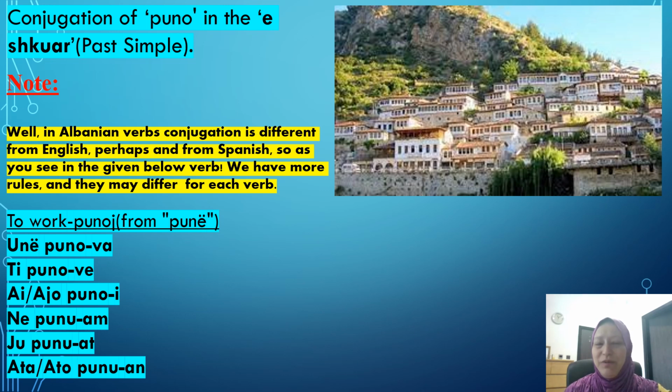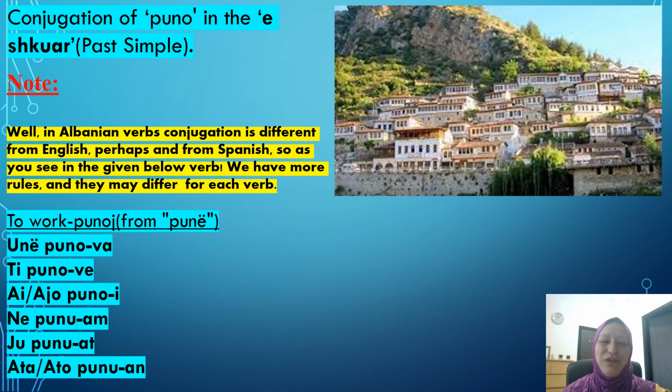The notion is the same, but the conjugation is different. Of course, perhaps it might be different from French and Spanish and even German. There are some more rules which refer to each verb, and basically when you conjugate past simple, you can't conjugate all the verbs in the same way. They have their own specific rules.